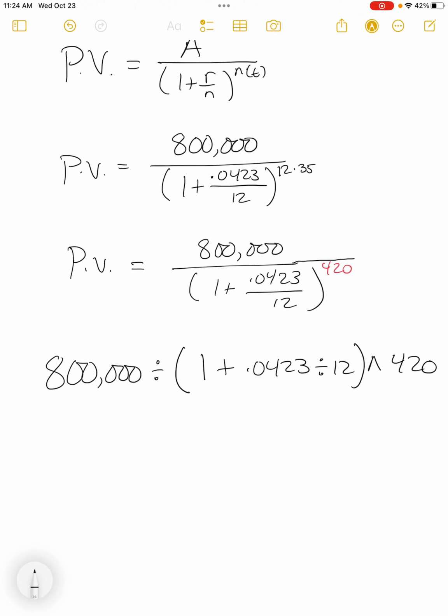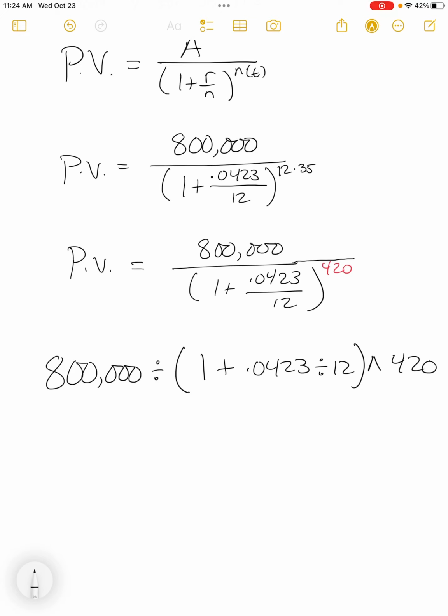So let's plug it in. We should be expecting a number less than 800,000. I almost plugged in 80,000, so just make sure you have the right amount of zeros. Divided by 1 plus 0.0423 divided by 12, close those parentheses, and raise to the 420 power.